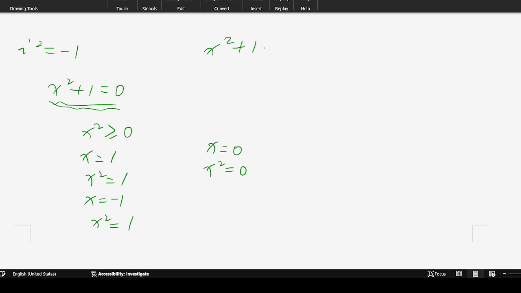x squared plus 1 equals 0. So if x squared equals -1, this equation can be solved, because -1 plus 1 equals 0.